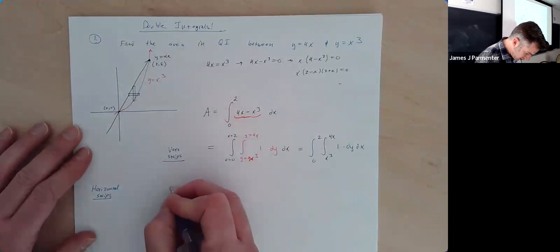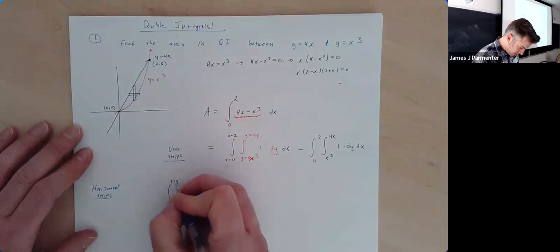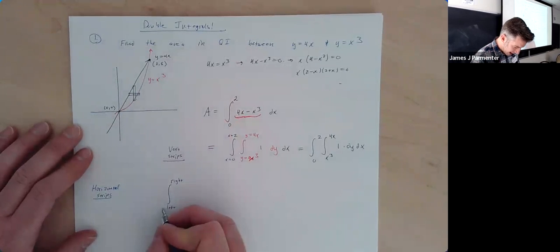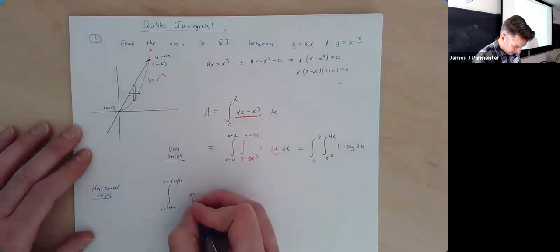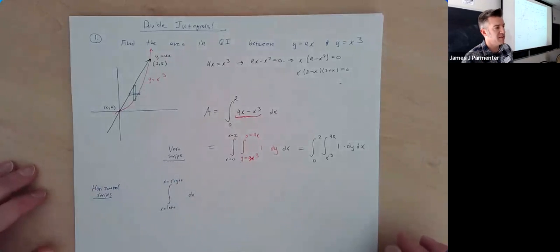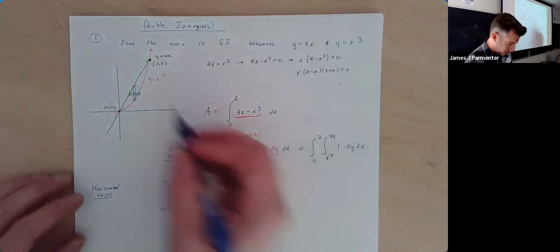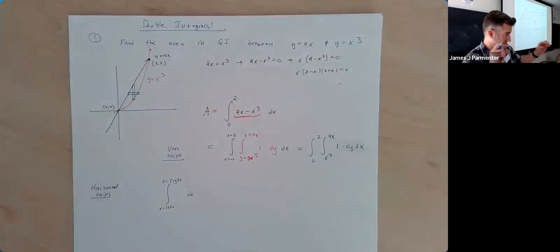So my inner integral is going to be the left function on the bottom, the right function on the top, and that's going to be x equal to the left function, x equal to the right function. So we're going to have a dx, which I will totally admit sometimes feels counterintuitive to me. Because when I look at this kind of strip, I think of there being a dy, because that's like the width of the strip. But that's kind of the second step of this.